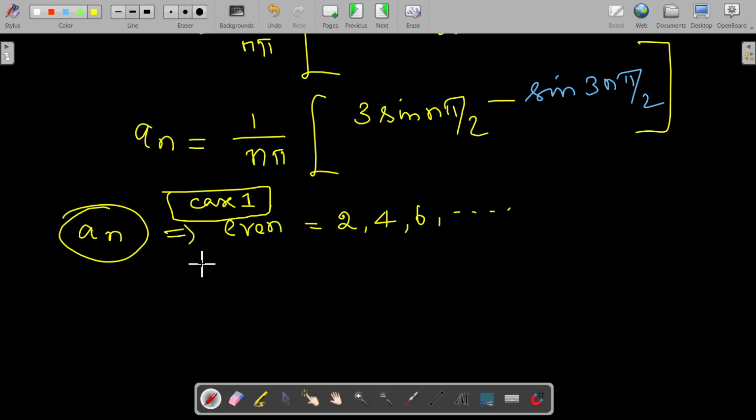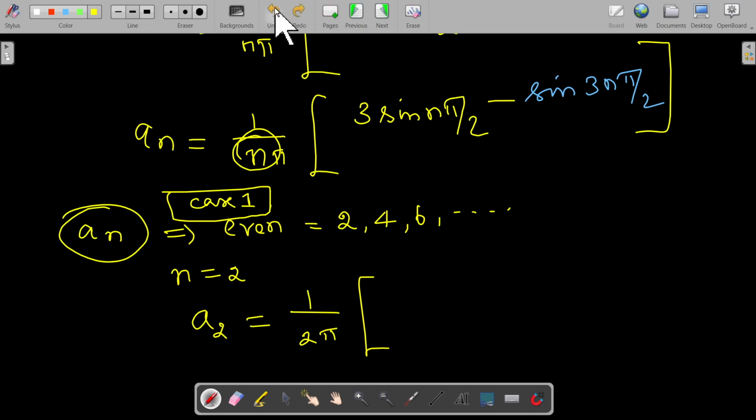So simply you substitute the value as n equal to 2, then a2 is equal to 1/(2π), right? Just substituting in place of n, wherever you have n, into this general equation which we have just now got, right?